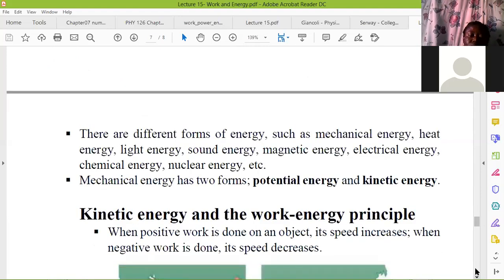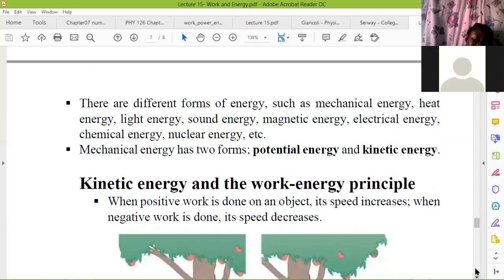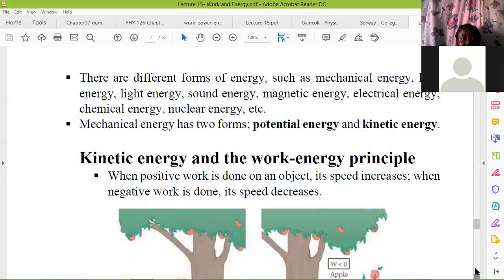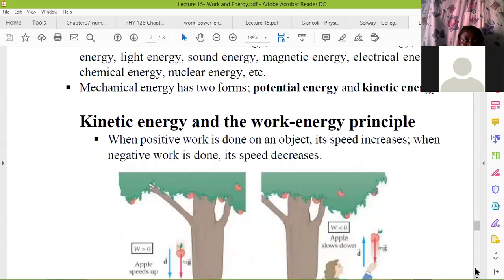We have many different forms of energy, such as mechanical energy, light energy, sound energy, magnetic, electrical, and so forth. You can mention them. But the two energies that are related to motion are potential energy and kinetic energy.